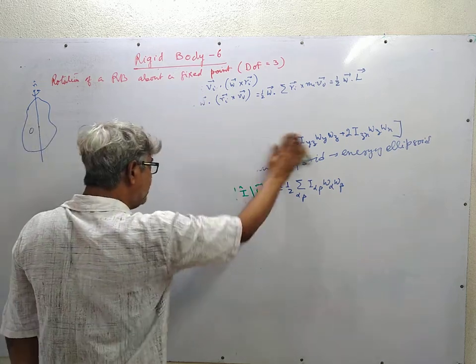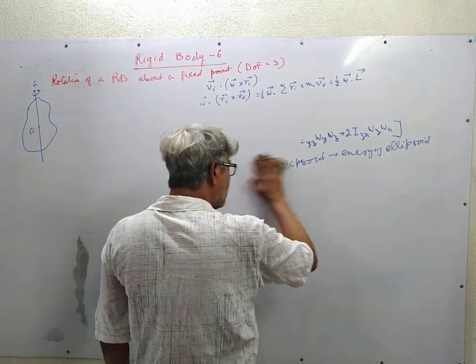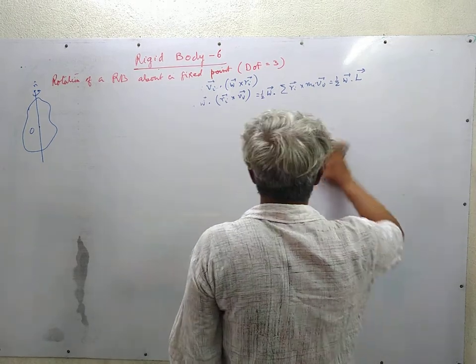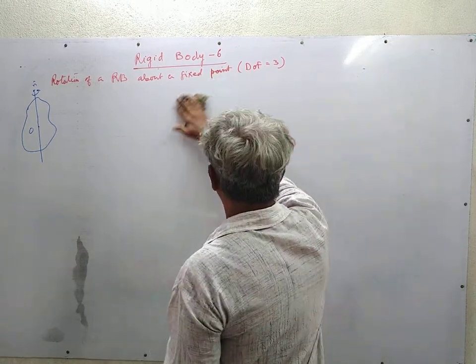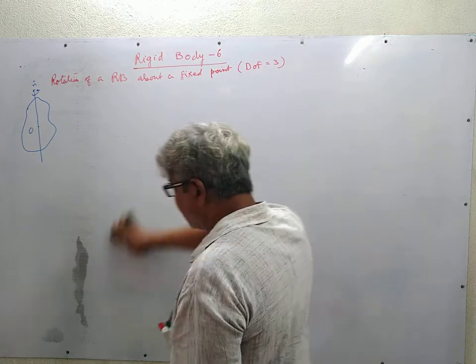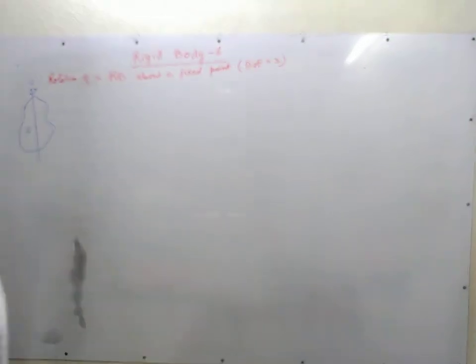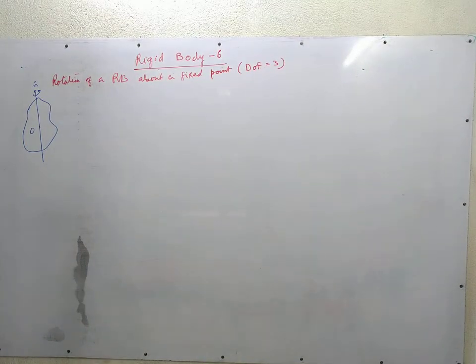This is mainly due to the fact that when a body rotates about a fixed point, the direction of the axis of rotation changes continuously, and as a result, the moment of inertia refers to the moment of inertia about an instantaneous axis of rotation.